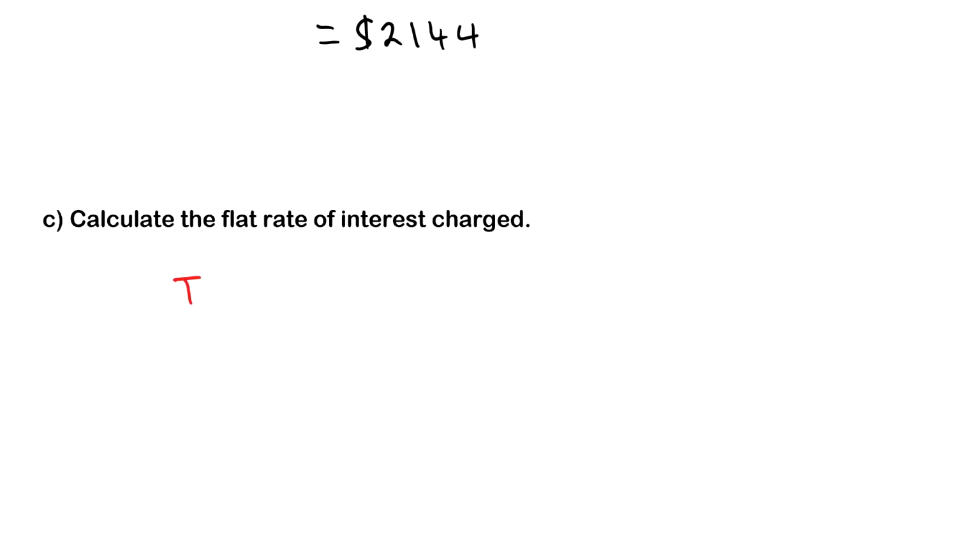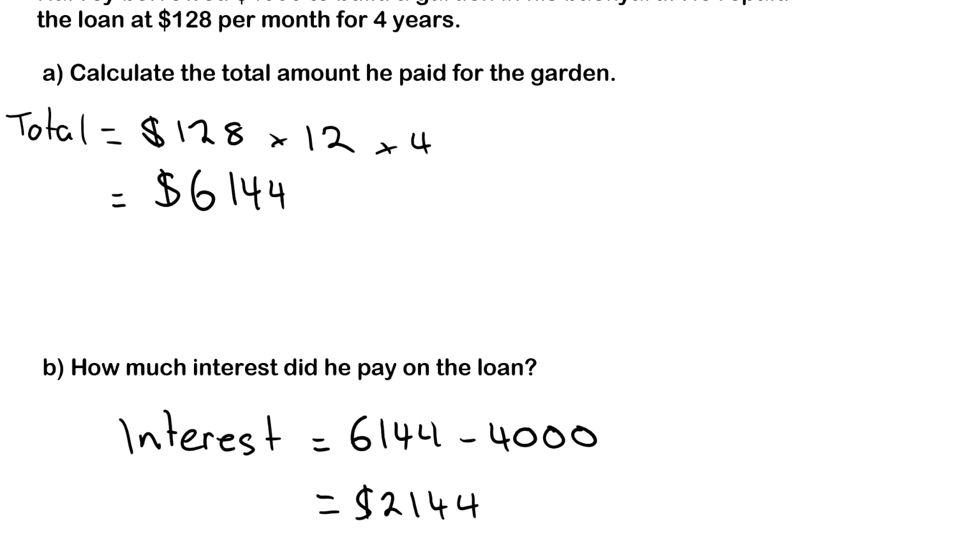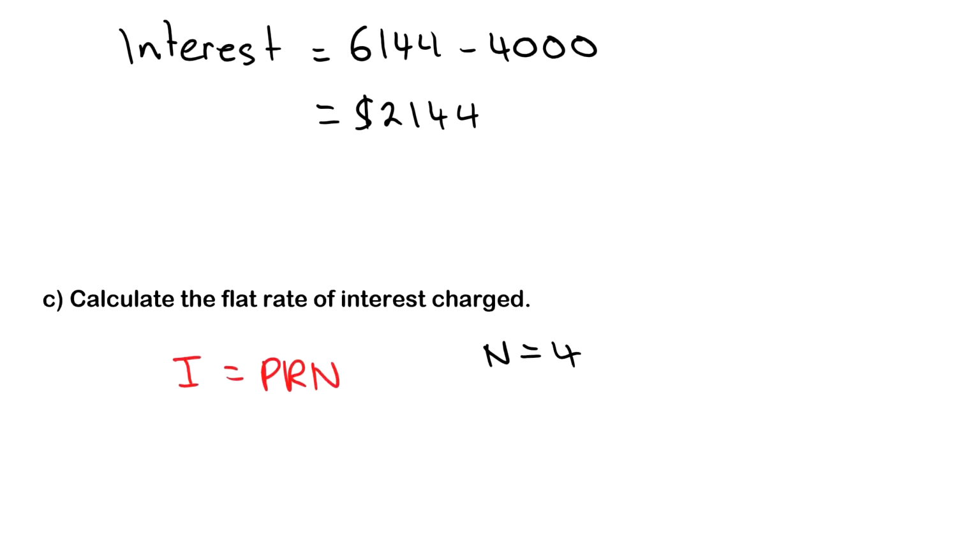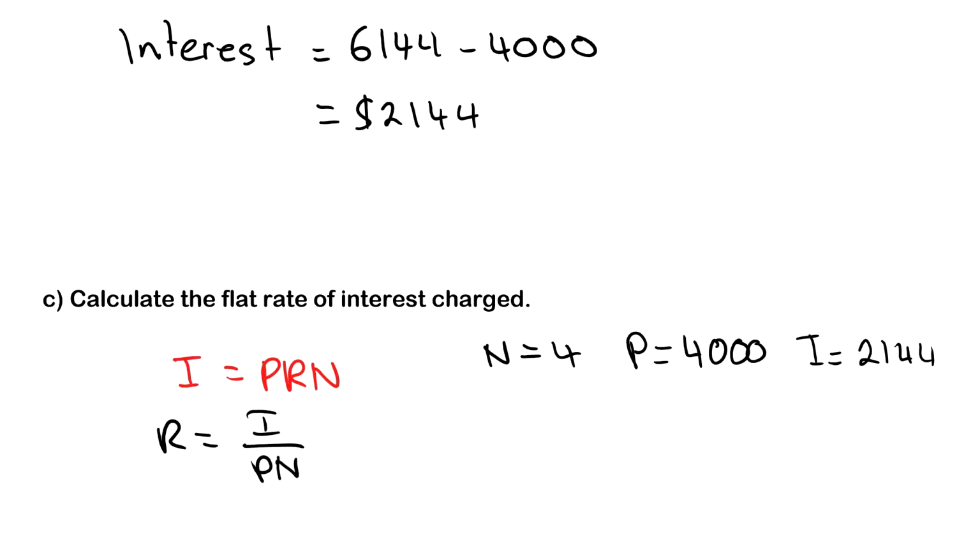Now we need to calculate the flat rate interest. Again, I equals PRN. We know N, if we go back up, was 4 years. P was 4,000, and I was 2,144. We're trying to find our R value, so R is going to be I over PN.